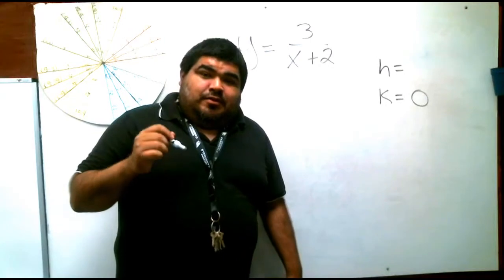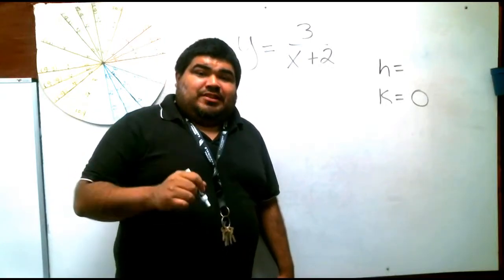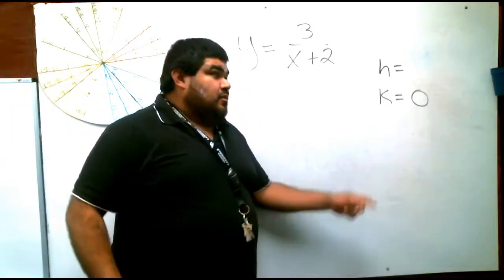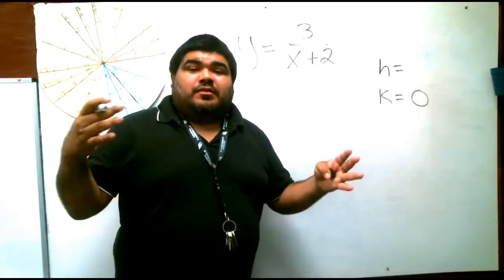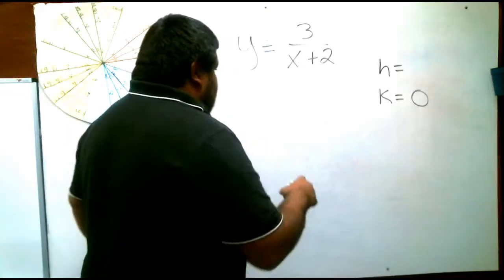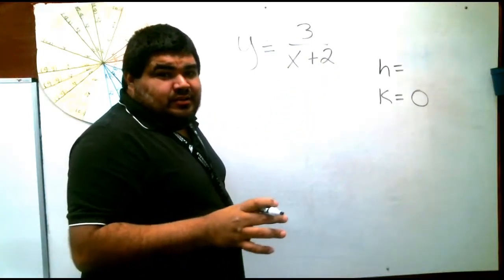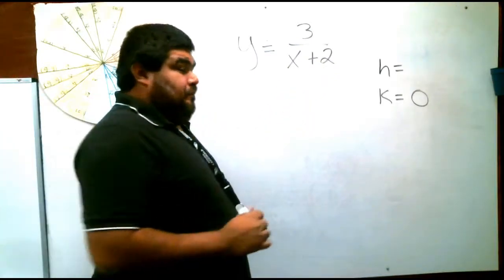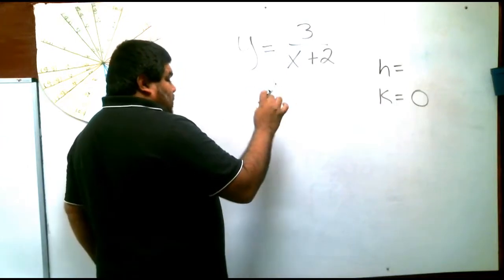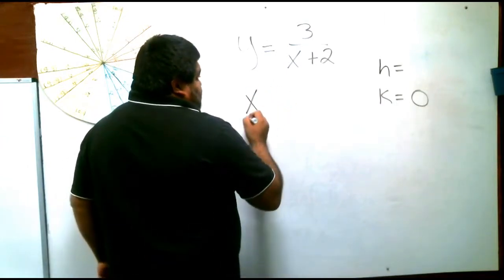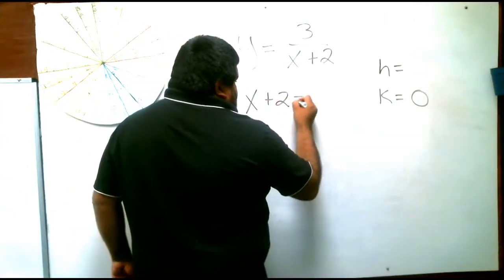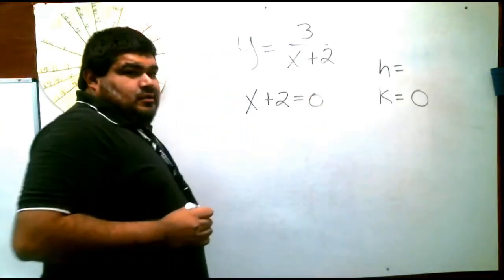To find your h, your shift, or in this case, the asymptote for the vertical line, always get the bottom of your equation and equal it to 0. That's the rule. So we have x plus 2 equals 0.